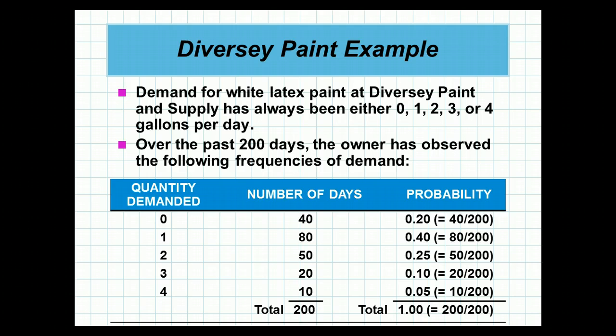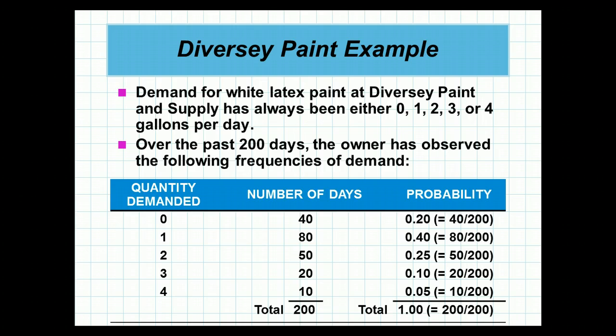So 40 days divided by 200 was a 20% probability that 0 gallons of paint will be demanded. And there were 80 days in which only 1 gallon was demanded. So if we take that 80 by the 200, we will find that there's a 40% chance that 1 gallon of paint will be demanded on any given day.